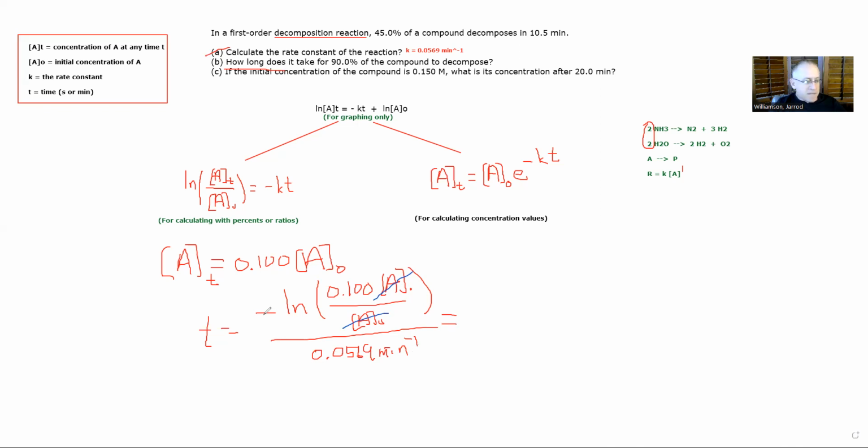And I got my minus sign over here. So I'm going to have the natural log of 0.10. Make sure you use the ln, not the log. You'll get the wrong answer if you do that. And when I do that carefully, assuming I didn't mess up, I got 40.5 minutes.